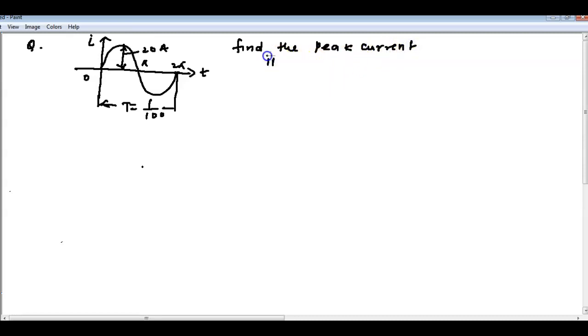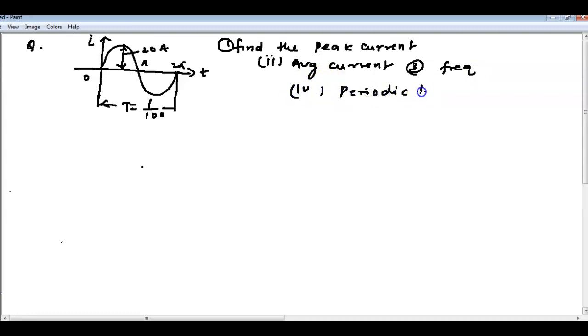Find the average current, frequency, and fourth one is periodic time, and the instantaneous value of current at t is equal to 3 milliseconds. So tell me, the first one is peak value of current.